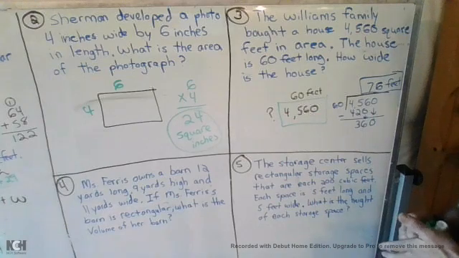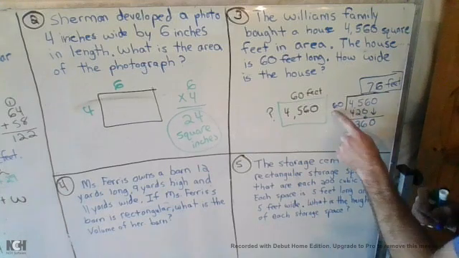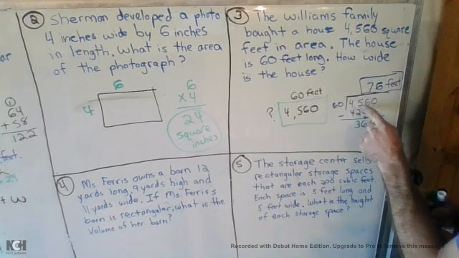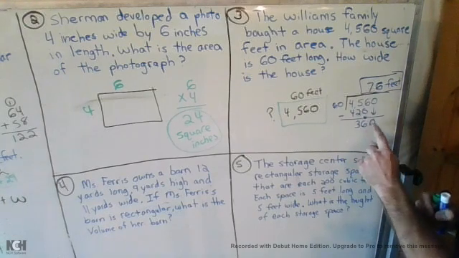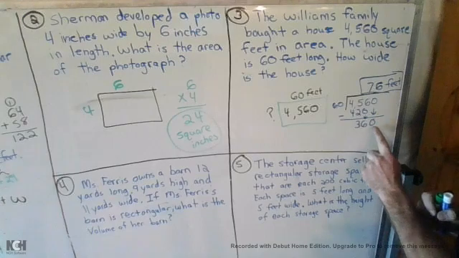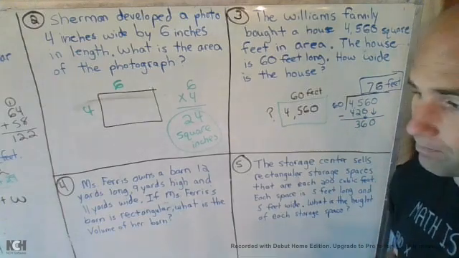So when I did that, I got 76 feet. 4,560 divided by 60. 60 went into 456 7 times, you got 420. You subtract, you got 36. I brought down my 0 from my ones place. 60 goes into 360 6 times.